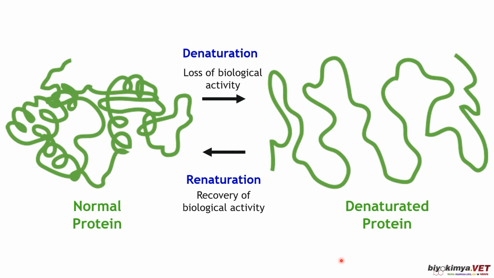And denaturation causes loss of biological activity. And if there is a complete renaturation, the recovery of biological activity happens. Protein denaturation is often not reversed, and the protein native state cannot be restored.